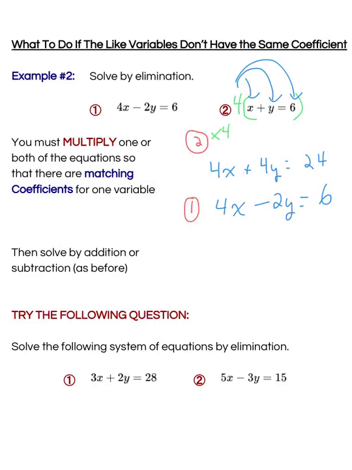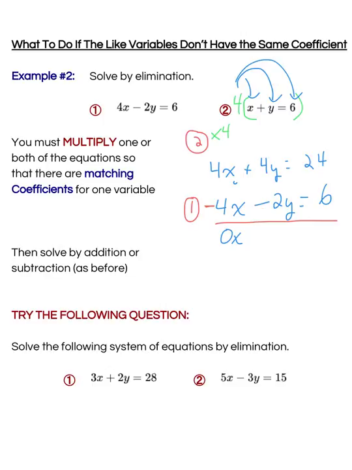Now I'm just simply going to go about my business of eliminating my x, and I can do that easily by subtracting. So 4x take away 4x will leave me with 0x, of course. Now I need to be a little bit cautious here because I'm subtracting. So 4y take away negative 2y, subtracting a negative is going to make that a positive.